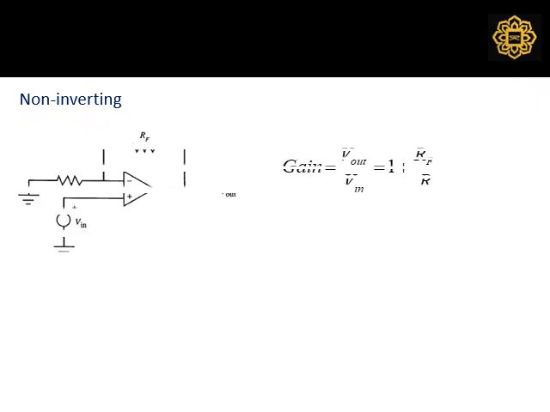Now let's see the non-inverting amplifier. In the case of non-inverting, the voltage is connected to the positive terminal of the op-amp. If you see from here, you can think of this whole thing as a voltage divider circuit, until here. Let me redraw it.